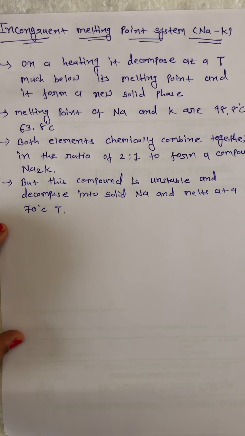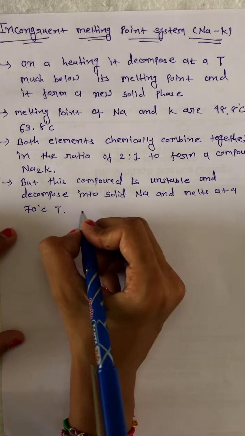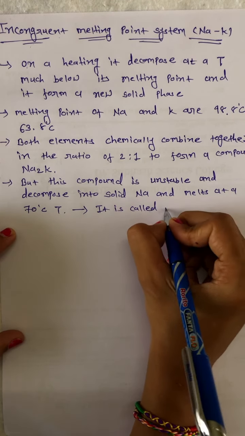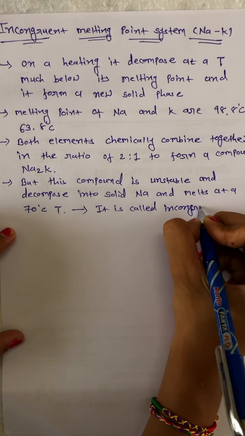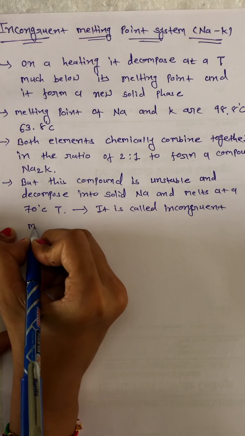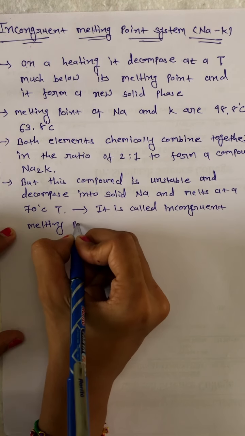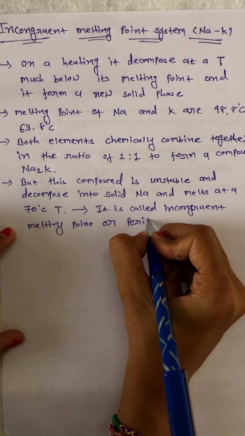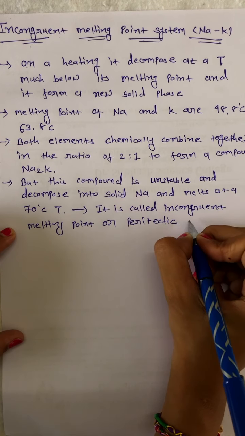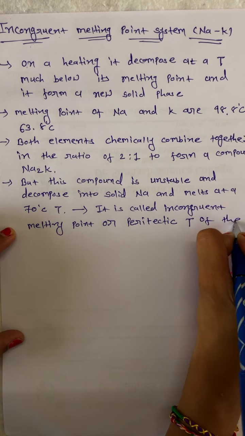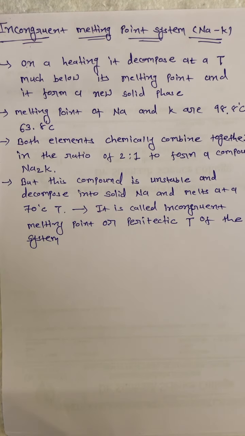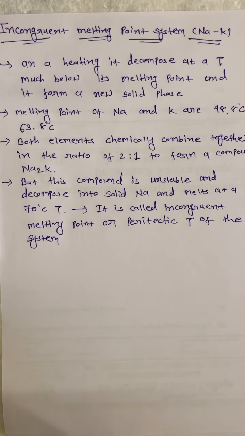This is the incongruent melting point, or you can also say the peritectic temperature of the system, right? So you can know about this, and it has 4 phases.